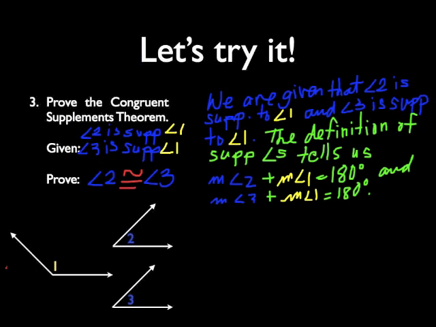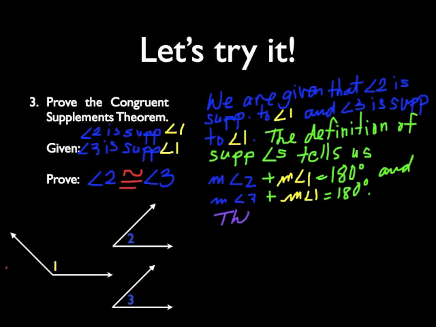Now I'm looking at this, and I'm noticing that I have something here that equals 180 degrees. And 180 degrees equals something else. Another way to think about that is A equals B, and B equals C. Doesn't that sound an awful lot like something else that we already know?